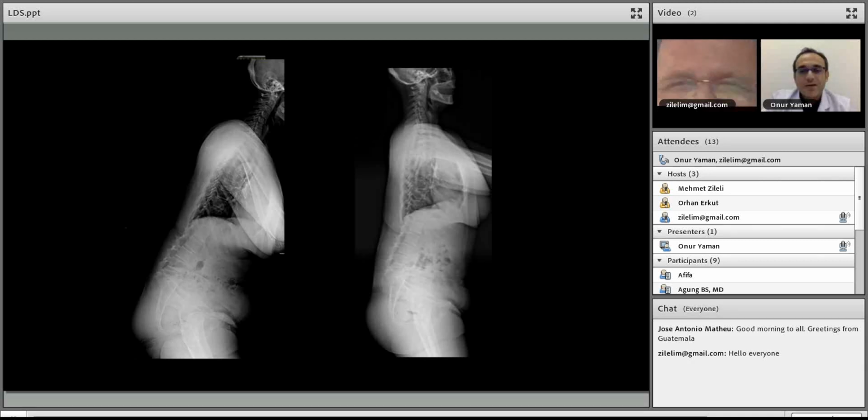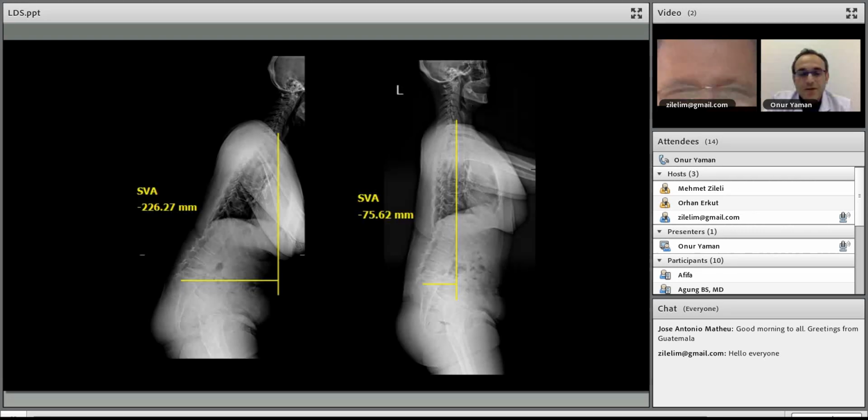The radiology technician told her to stand up. How can she do it? She was standing upright. So what does it mean? If a patient has an SVA of 22 centimeters, and if a patient has an SVA of 7.5, it differs all surgeries.